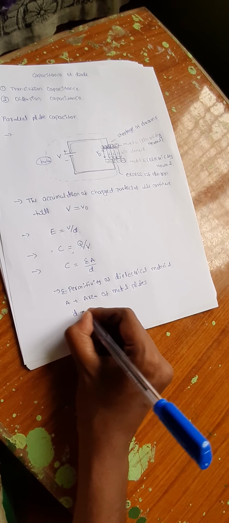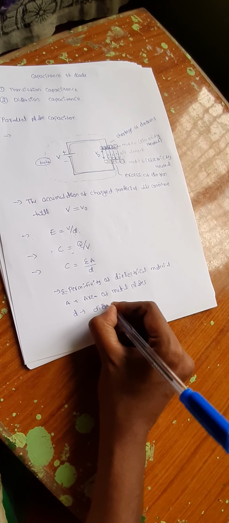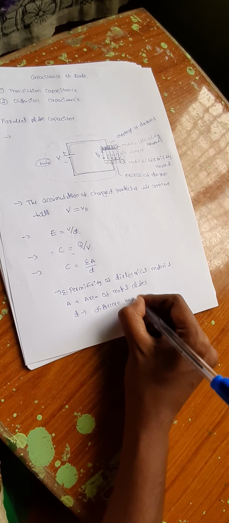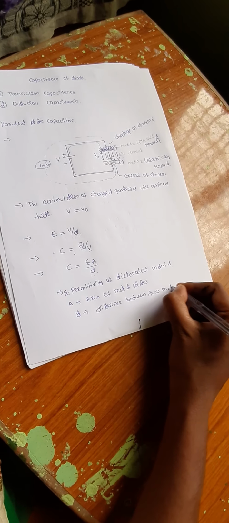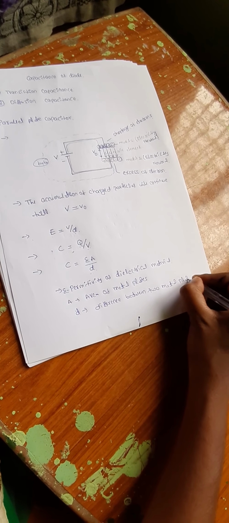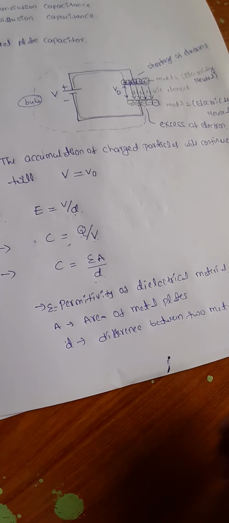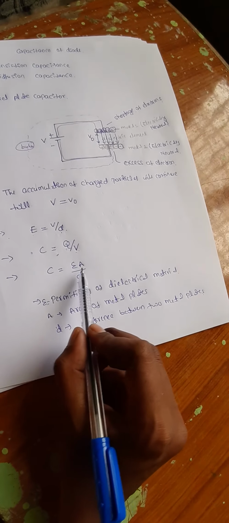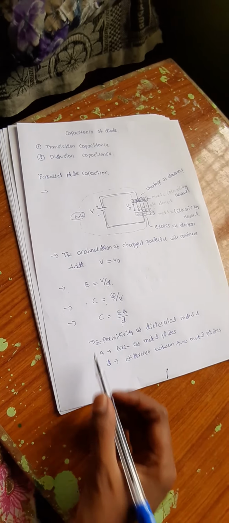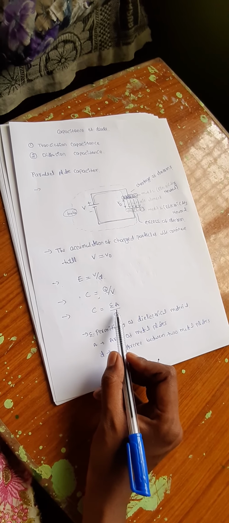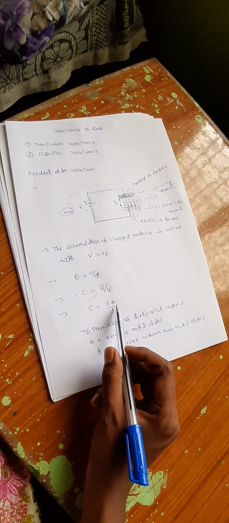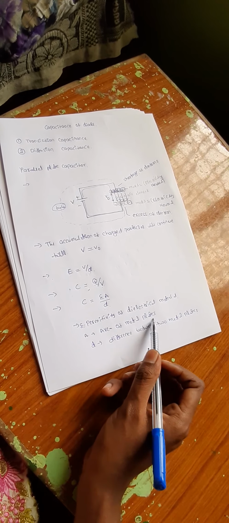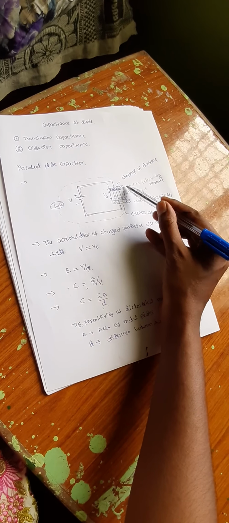D is the distance between the two metal plates. So the capacitance is εA/D. This capacitor will be affected by three factors: the permittivity of the dielectric material, A, the area of the metal plates, and D, the distance between these two metallic plates.